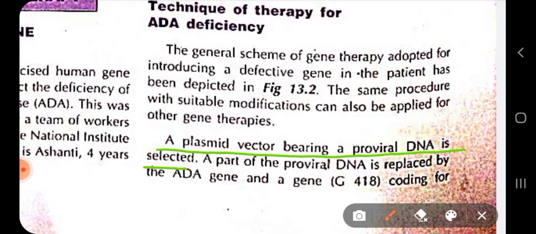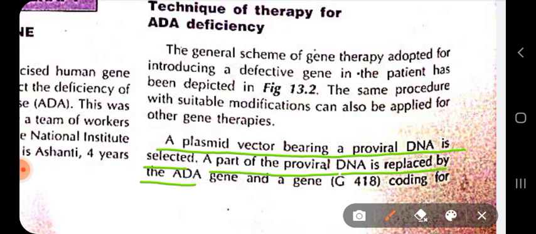A section of the proviral DNA is omitted, and in that place we introduce our desirable ADA gene, which will encode the human adenosine deaminase enzyme.